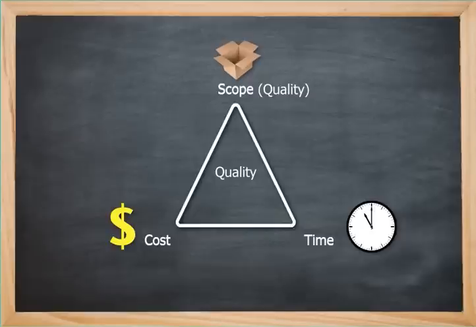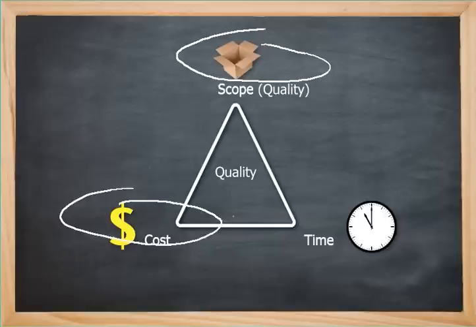According to Tony Johnson's superb PMP Exam Success Series Certification Exam Manual, that's a long title for a book, he states that typically all three constraints should be treated with equal importance. We're talking about scope, we're talking about cost, and we're talking about time.